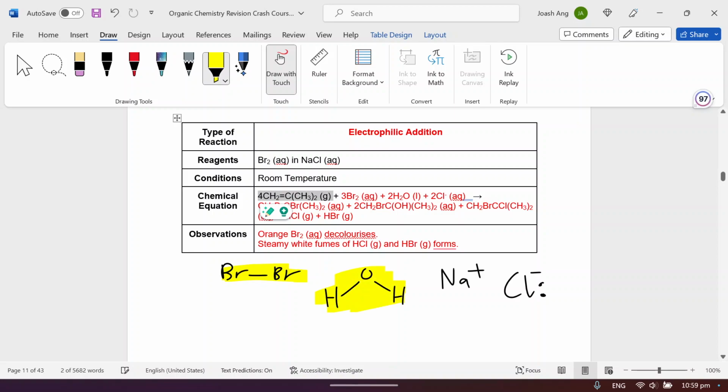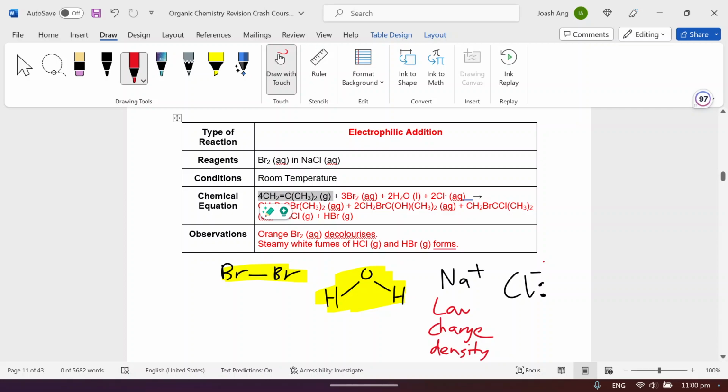Sodium cation, some people may argue, is positively charged and thus electrophilic, but I wouldn't say this is a strong electrophile because it has a very low charge density. This is a recap back in period 3 notes, where they say that sodium cation has a low charge density and thus cannot undergo hydrolysis.